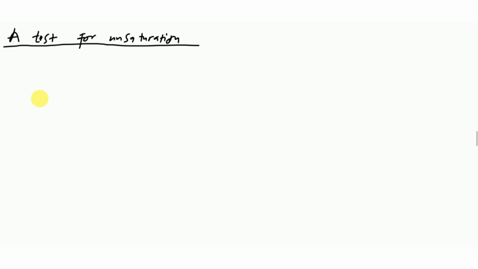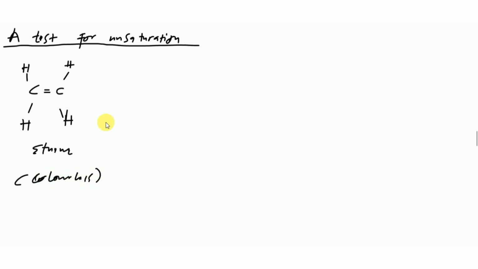So we're going to draw the structure of ethene. So we have ethene, and ethene is colorless.